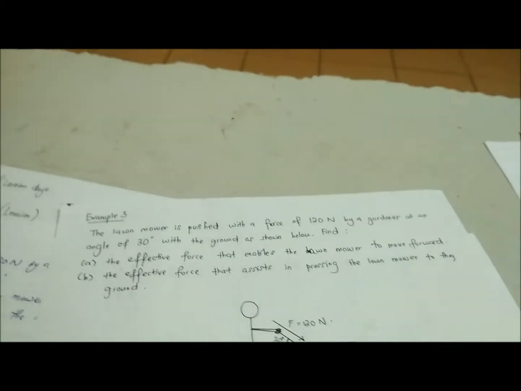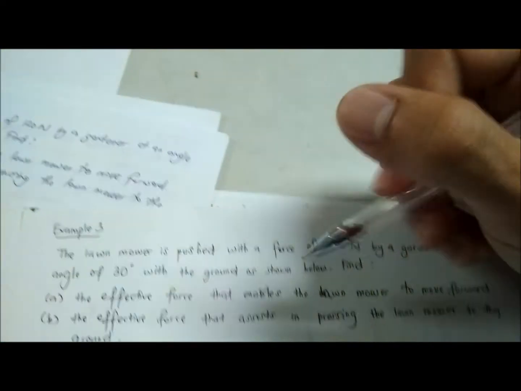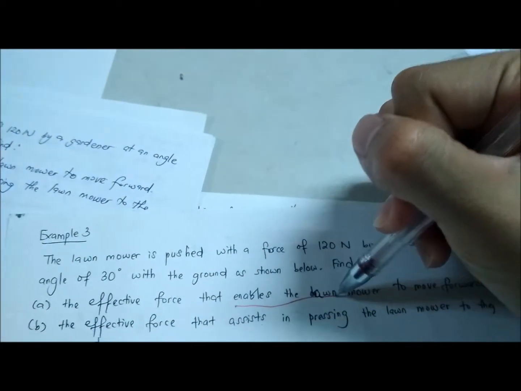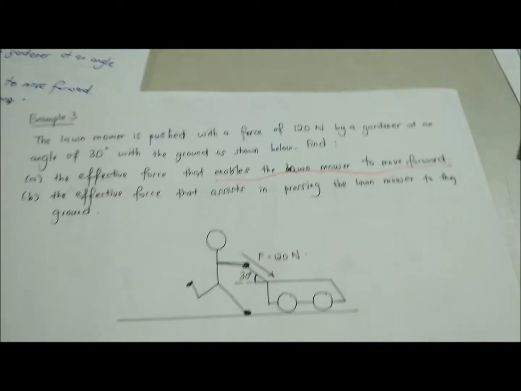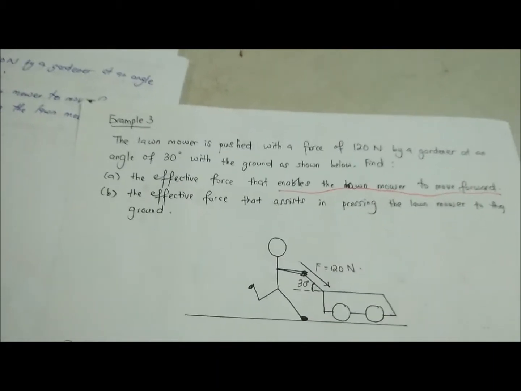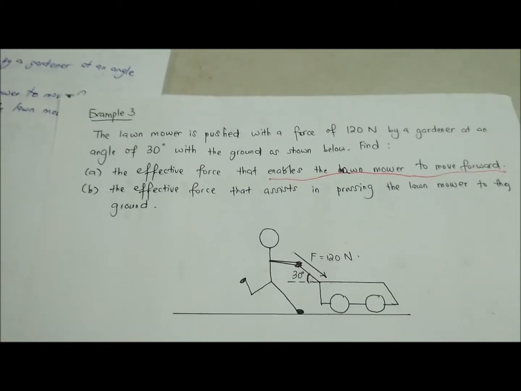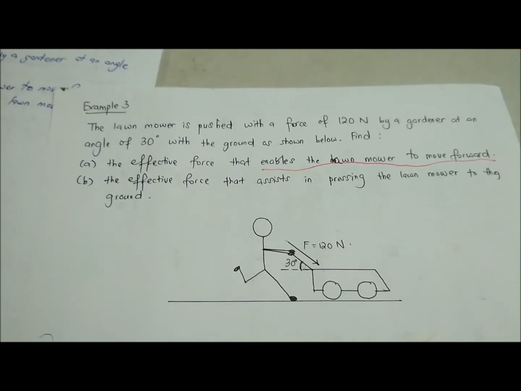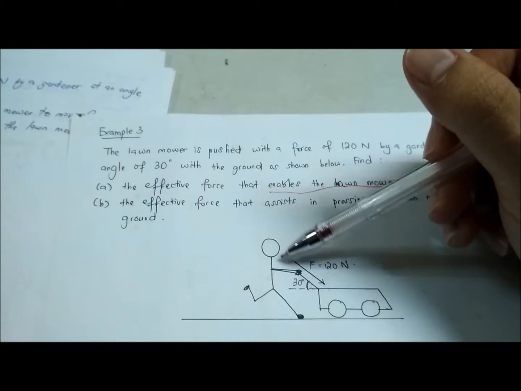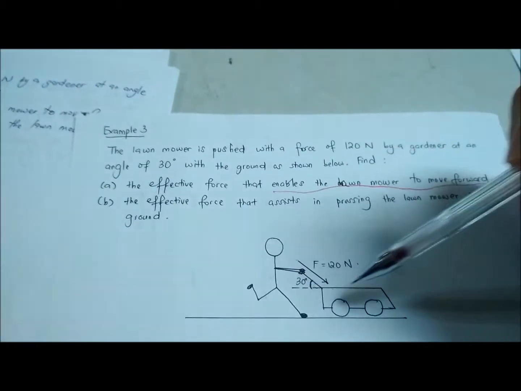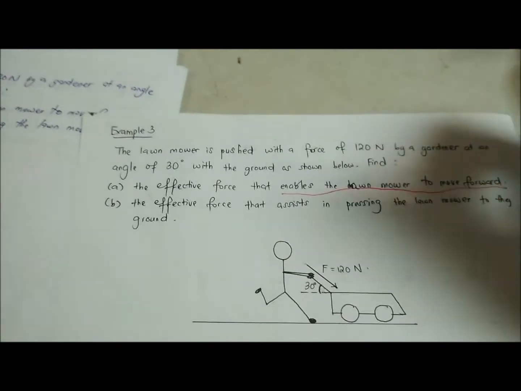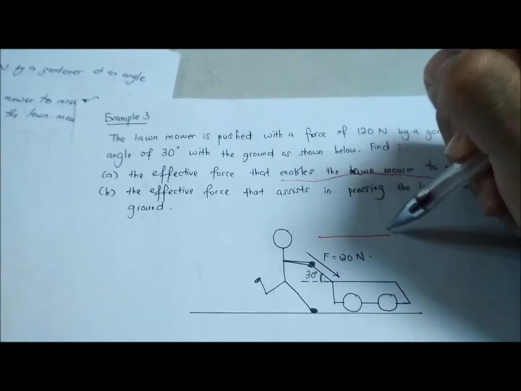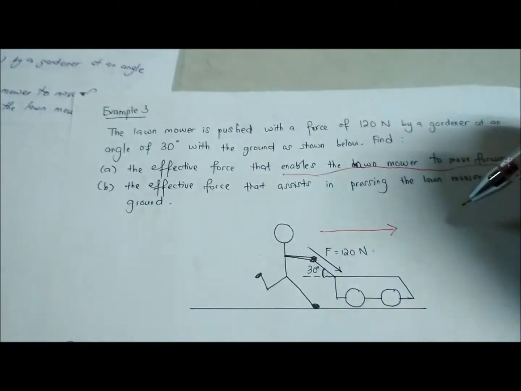Okay, the keyword here is enables the lawnmower to move forward. If the gardener pushes the lawnmower like this, where is the lawnmower going to move? Of course it's going to move to the front, right? So it moves to the right.